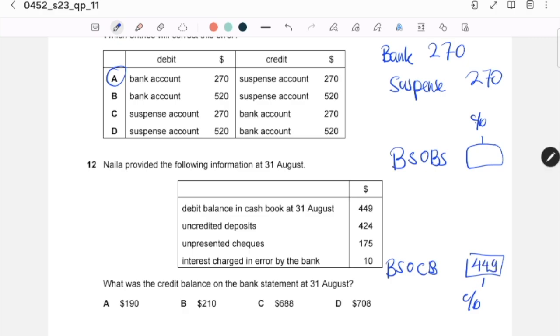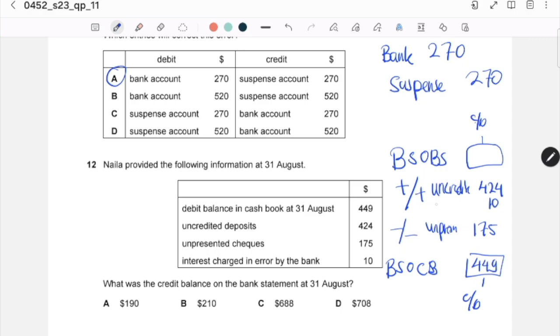This one plus uncredited, this one minus unpresented. Uncredited is 420, unpresented is 175. Okay, there is an error in interest charge, interest charged in error by the bank. So you have to add 10 in here.